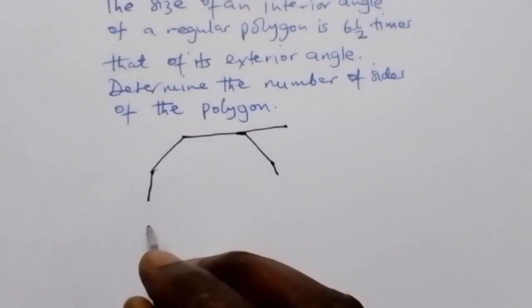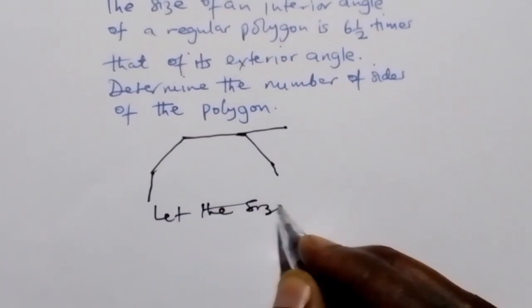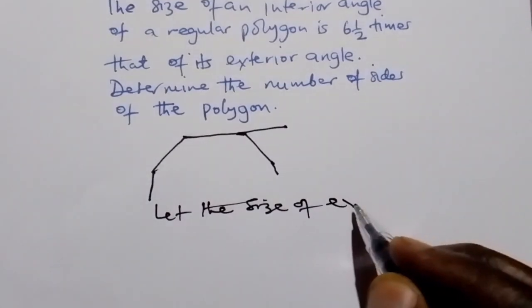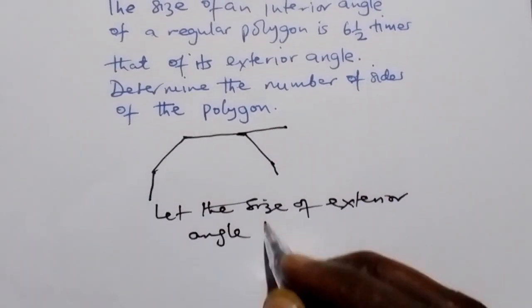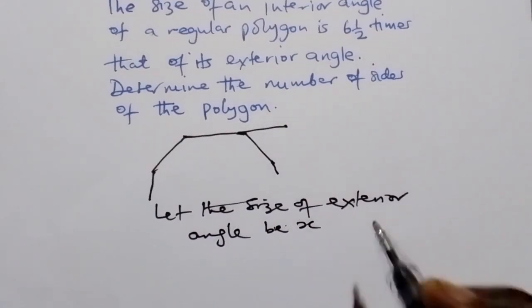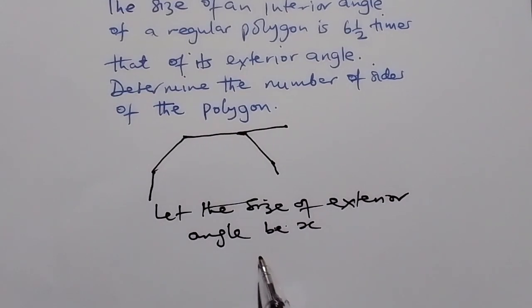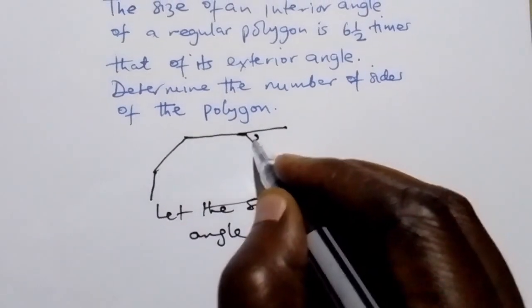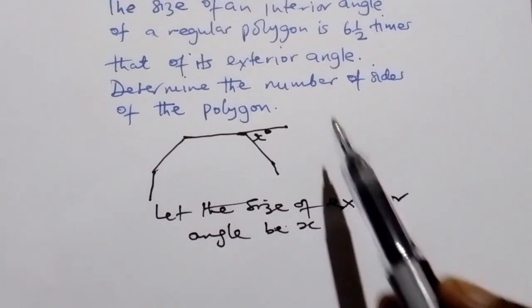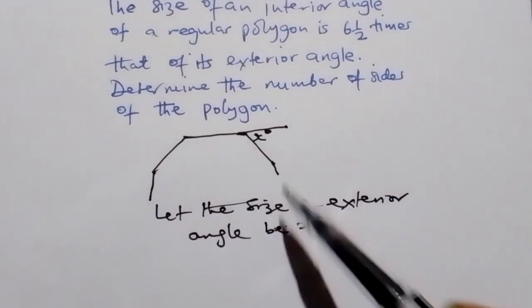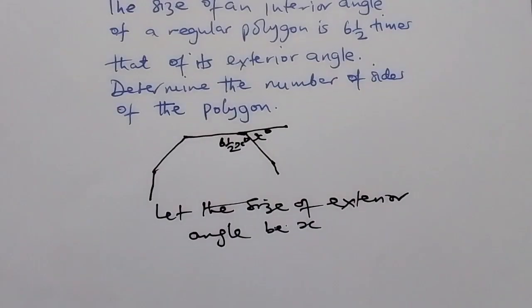So we can say that let the size of exterior angle be x. So here this is x. Then it means that the size of the interior angle is 6.5x degrees.